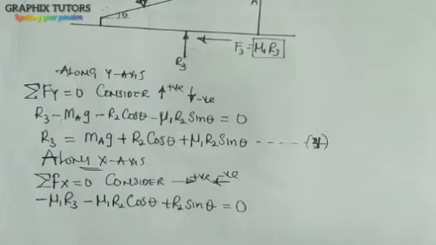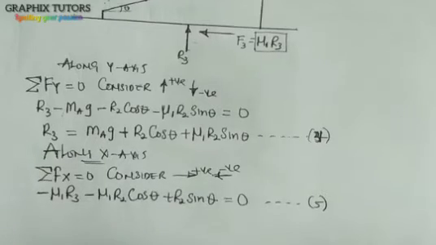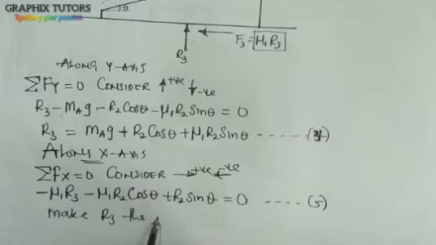So I'm going to tag this equation what? Equation 5, right? So from this equation 5, you can make r3 the subject of the formula. So making r3 the subject of the formula in equation 5 here. So make r3 the what? The subject.